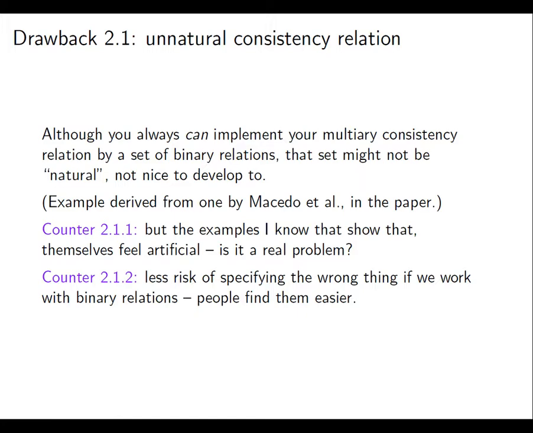Although you always can implement your multiary consistency relation via a set of binary relations, it doesn't follow that you can necessarily find yourself a nice set of binary relations that are good to develop to, in the sense that your teams who are working in your different model sets will be satisfied by the effect of working with those binary relations. In the extreme case, it may be that your binary relations are back-derived from a single consistent tuple. In other words, they might restrict your development space too much.